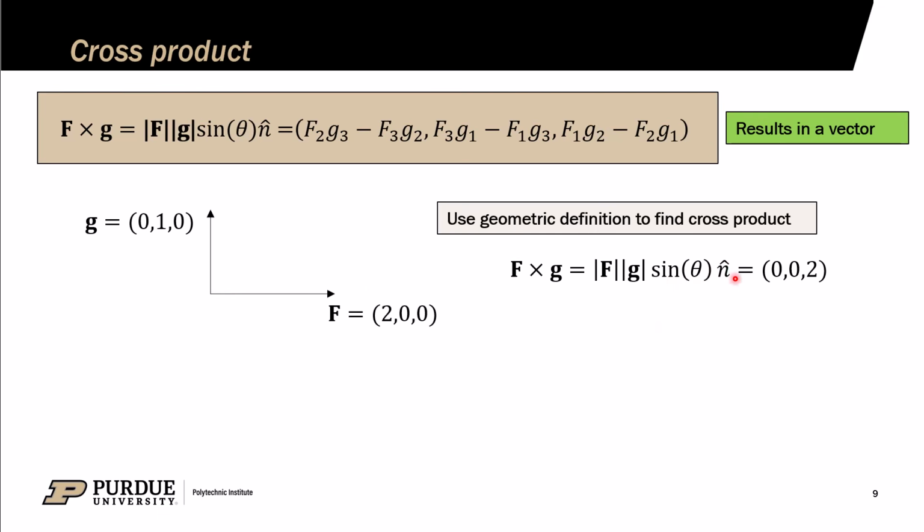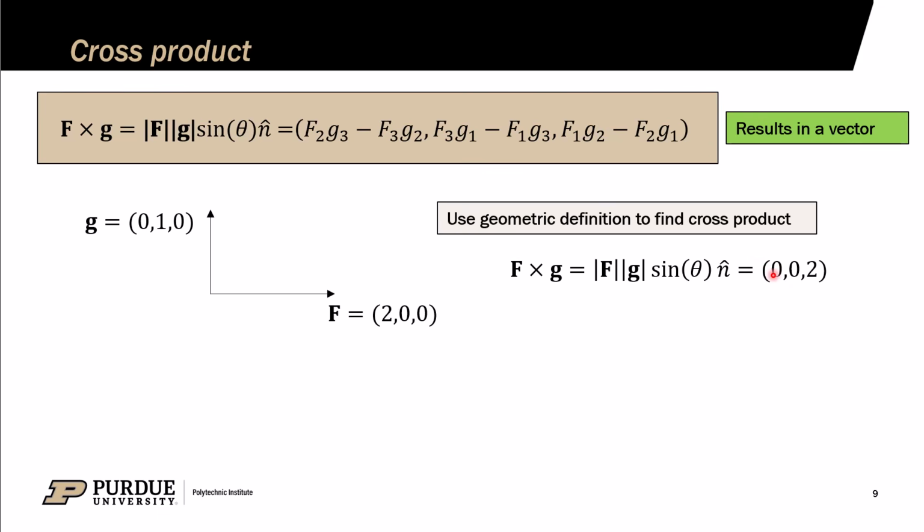And n hat, let's figure out what our direction vector is. This problem was clearly set up for simplicity here. f happens to lie along the x-axis, g along the y, and I've got f cross g. So if I do the right-hand rule from f to g, my n hat is aligned with the z-axis, and the sign is positive.